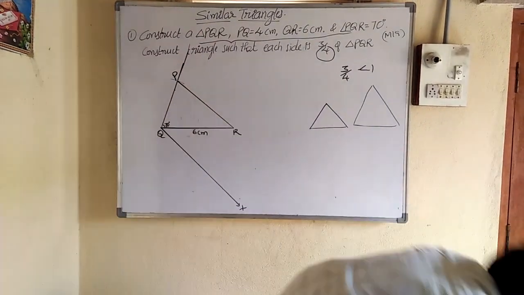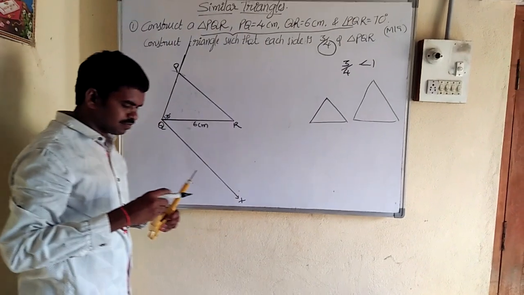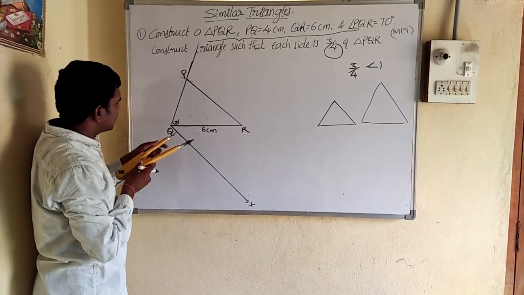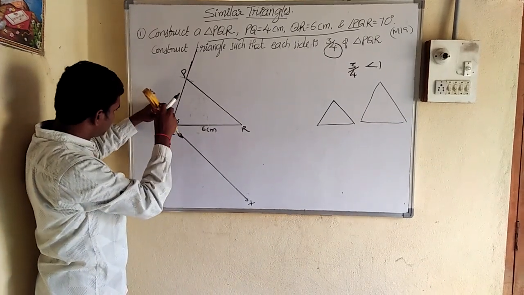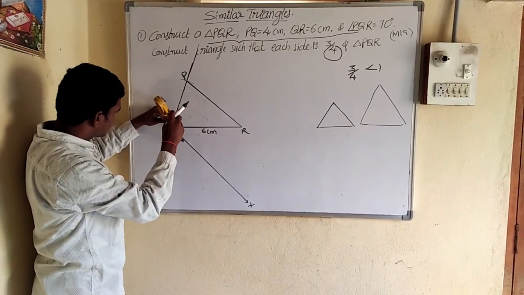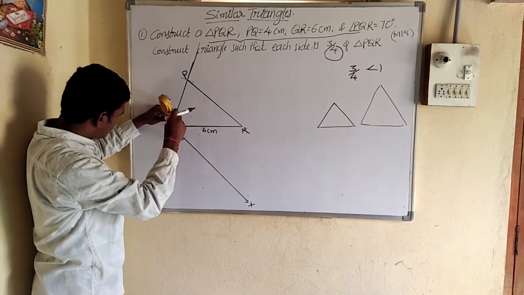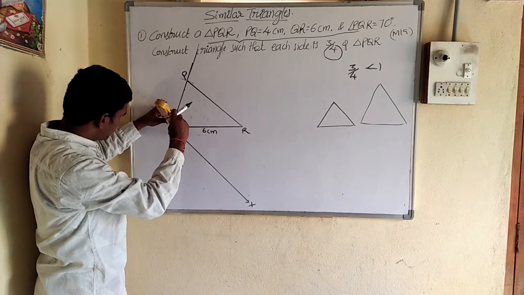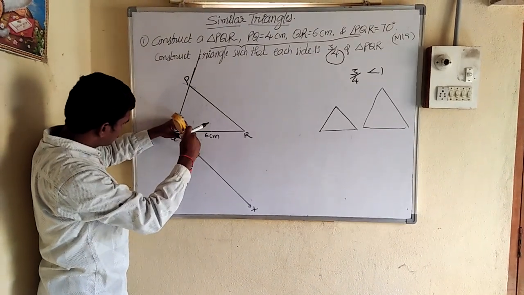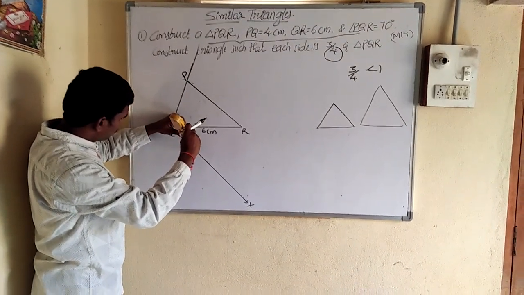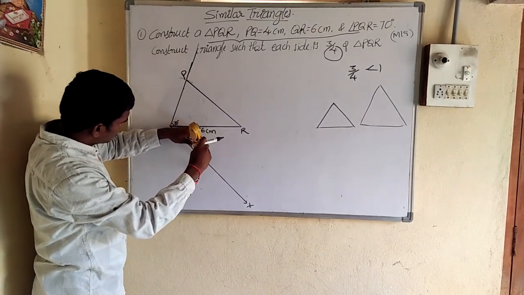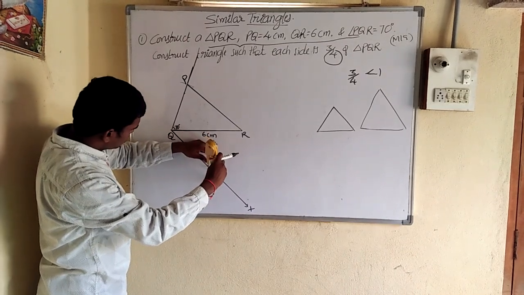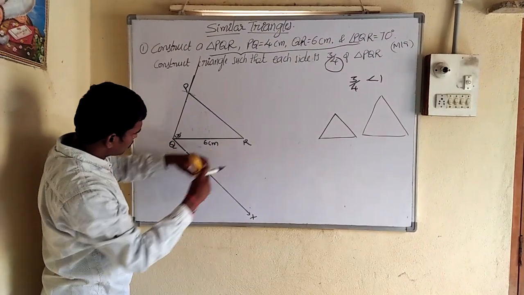With the help of a compass, taking some radius, which is also our wish, and drawing arc 1, next arc 2, next arc 3, next arc 4.